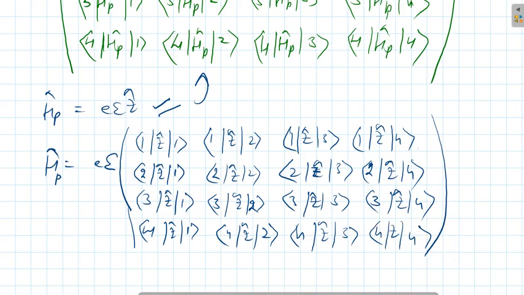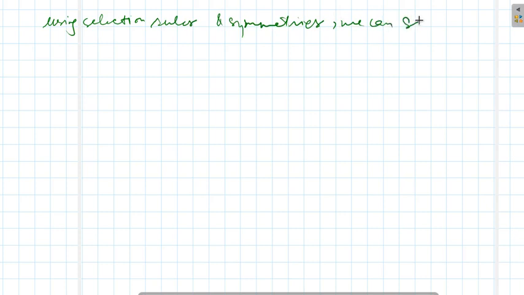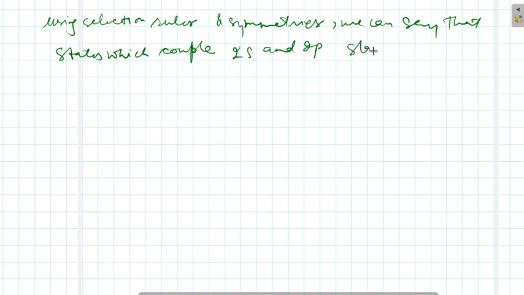So if I use selection rules and the properties of symmetries, we can say that the states which couple the 2s and 2p states are non-vanishing and the rest are vanishing.